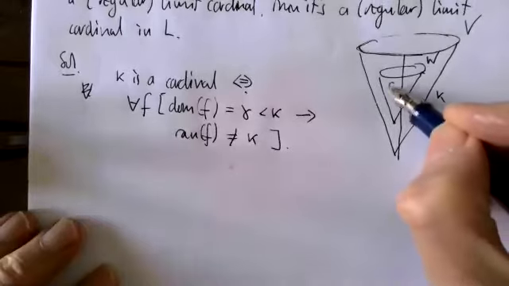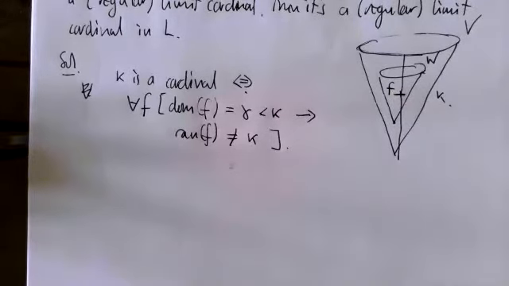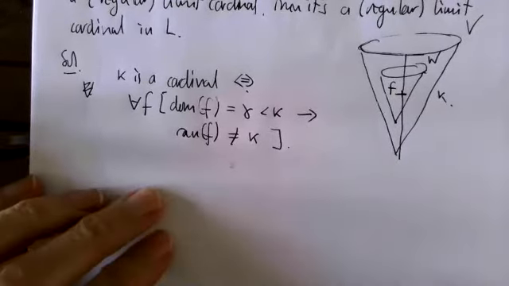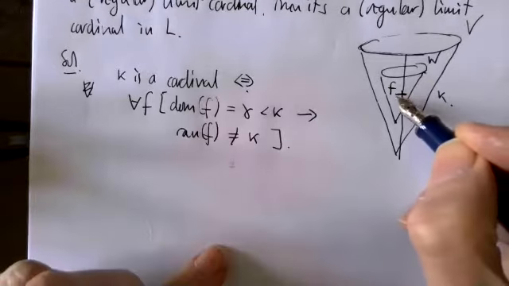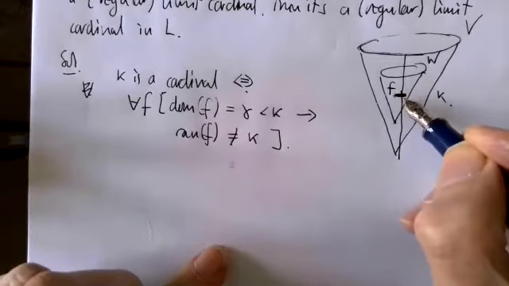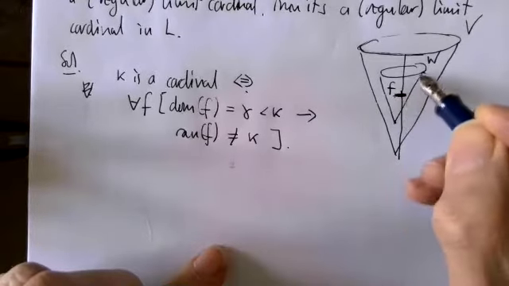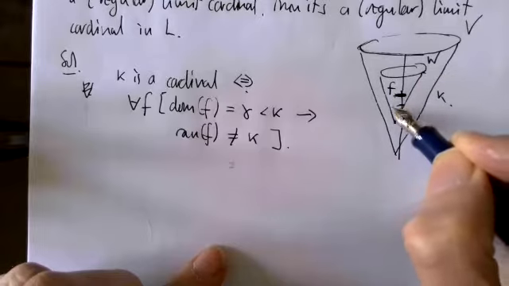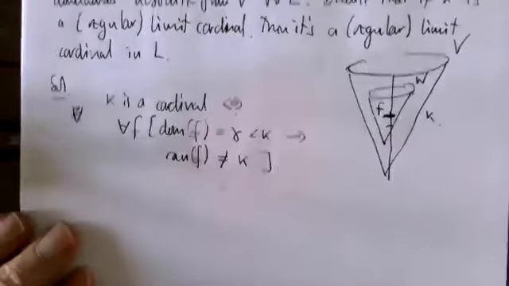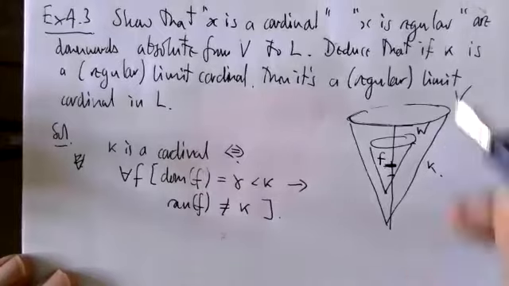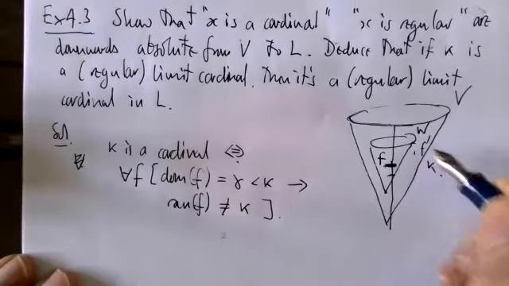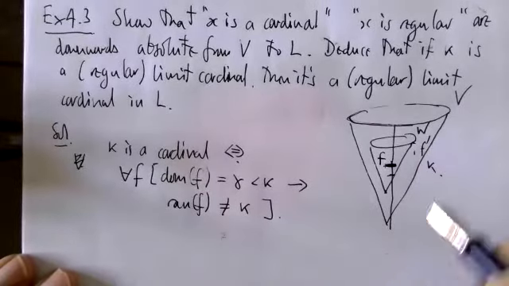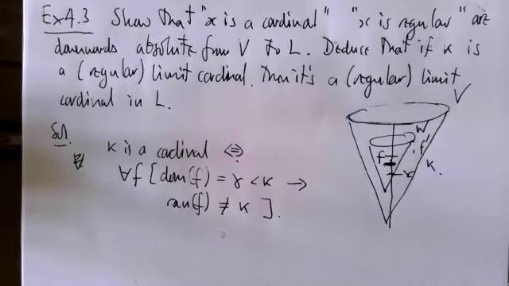Now, if I've got functions here inside W, W may think, oh, kappa is a cardinal, because there is no map f inside here that takes some smaller gamma onto kappa. But that's not necessarily true in V, because there may be other functions inside V which do take some gamma onto kappa. But we're being asked the other way around.